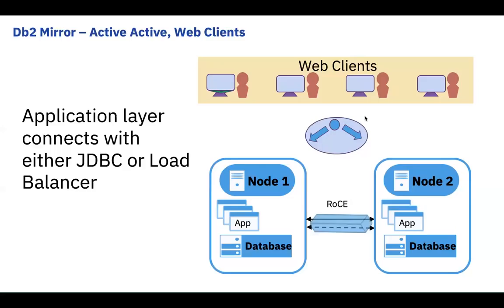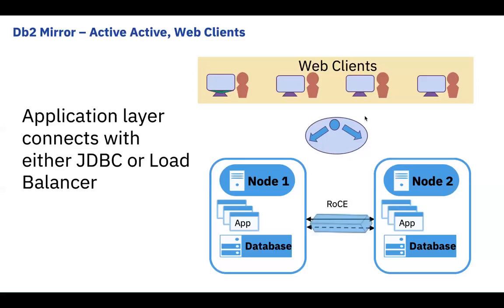This is actually the same problem that you probably have solved if you have PowerHA today or logical replication, on how you direct your clients between the two nodes within your availability solution. The only difference here is we could direct people to both nodes simultaneously in a hot type environment. A couple technologies: one would be a hardware type technology where you use something like an F5 load balancer and you're spraying the IPs between the two.